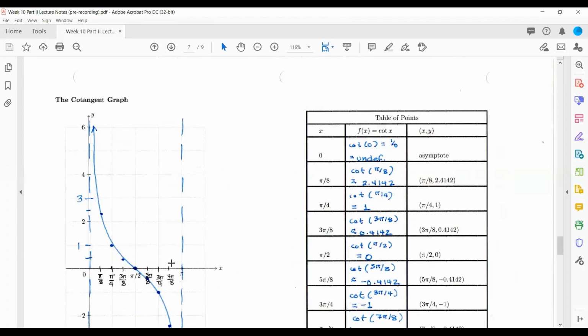Another big difference is the fact that unlike sine and cosine, it doesn't oscillate. It's continuous between 0 and pi, meaning there are no breaks. But right at 0 and right at pi, that's where we see these vertical asymptotes, so the graph there breaks.